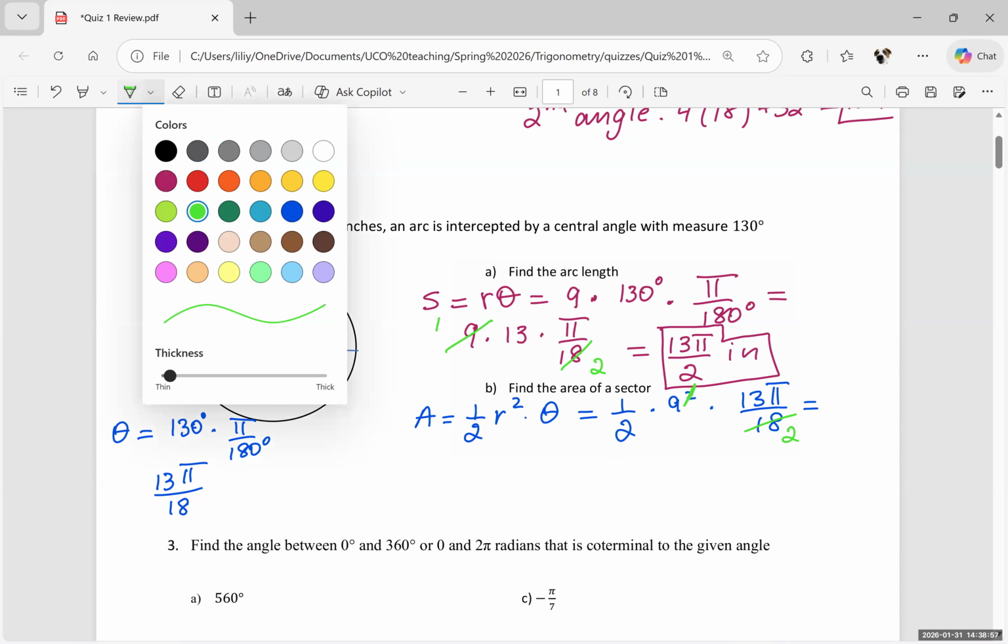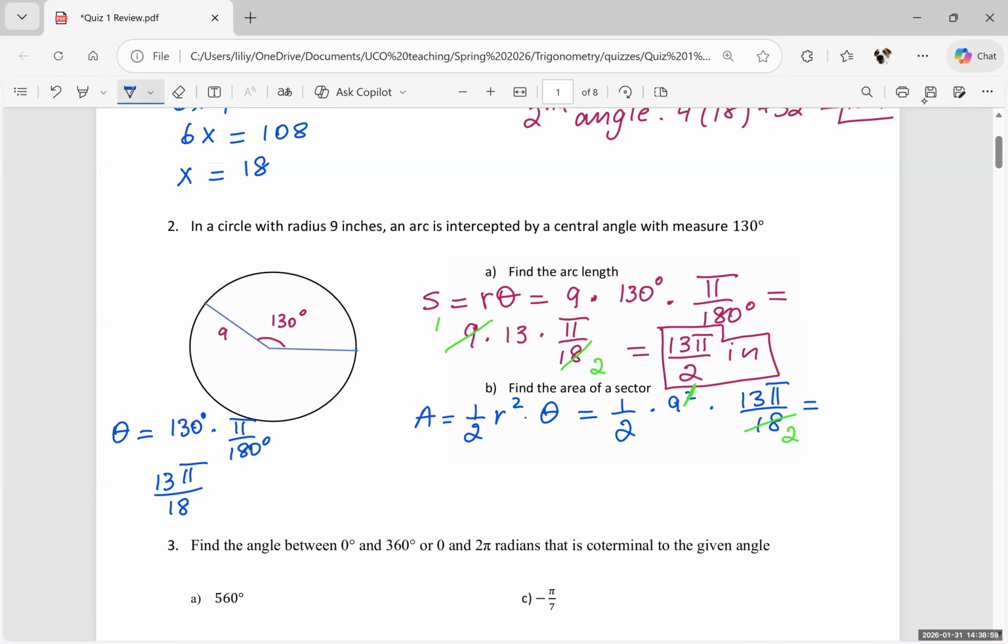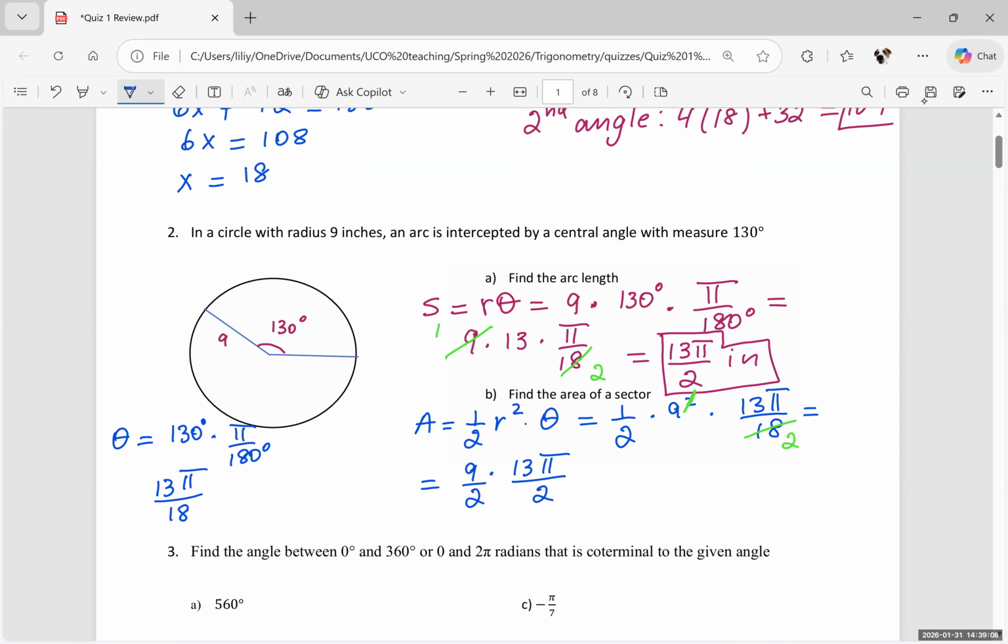So now we have 9 times 13 pi over 2 times 2, and 9 times 13 is 117. Pi is still there, and it's over 4. Area is measured in square inches.